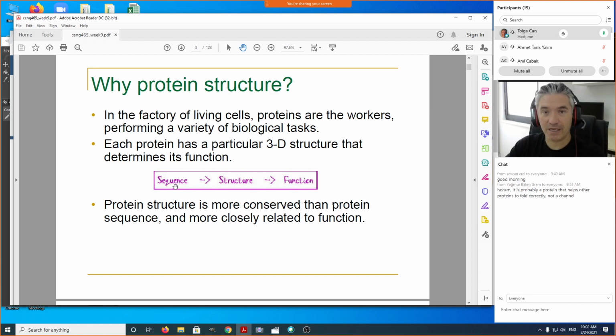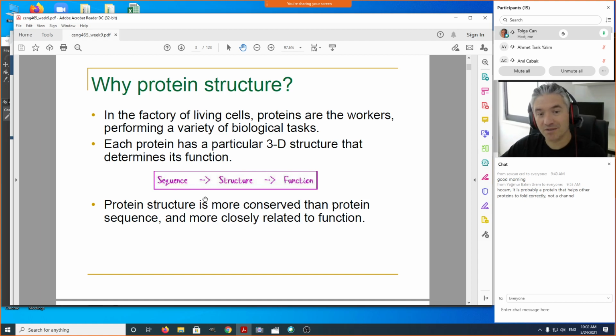For example, you may look at two sequences and see that they have only 10% sequence identity. 90% of the sequences are really different. And when looking at that, you may not consider them homologs. But if you look at their folded shape, you may see that their structure is really similar to each other. And when you see the structure, then you may understand that actually, they are homologs.